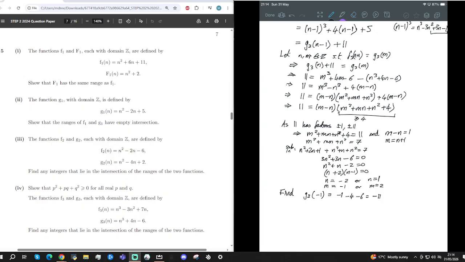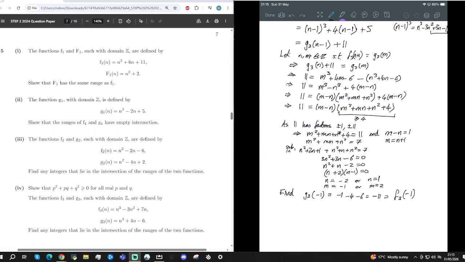So what has gone wrong? That's why, because my input here isn't n, it's n plus 1. So this should be the same as f of negative 2 plus 1, which is negative 1, and then that's negative 1 minus 3 minus 7, which is indeed negative 11.